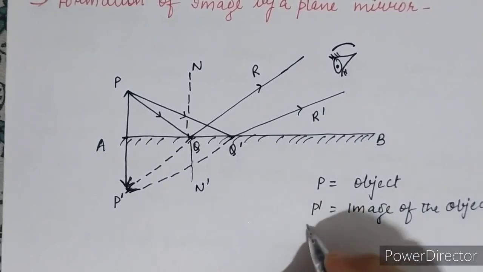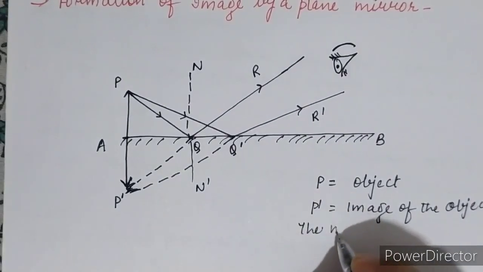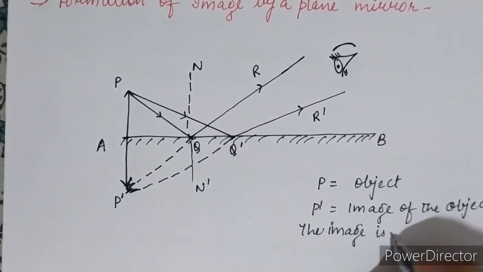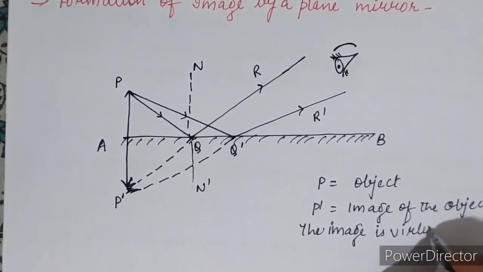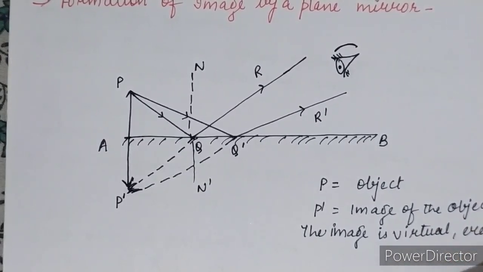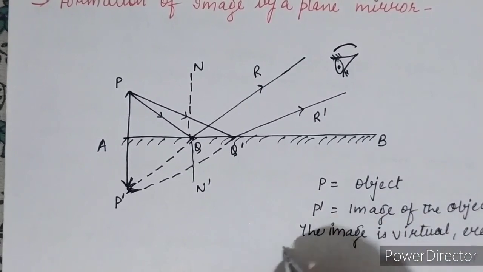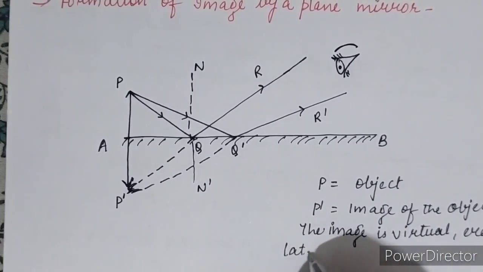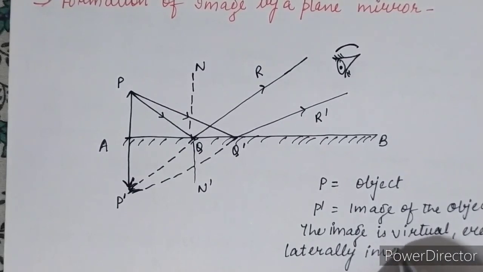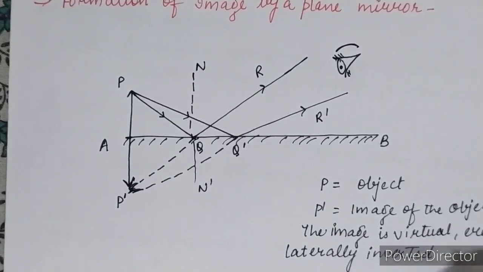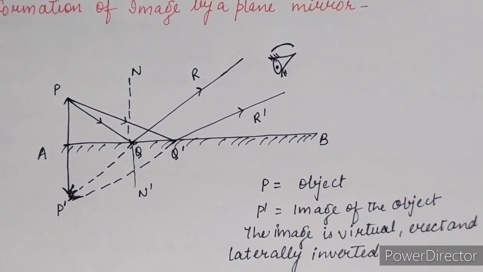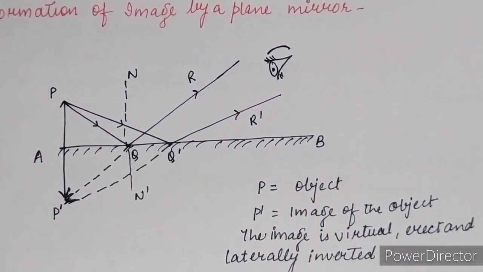and the image is virtual, erect and laterally inverted. Okay, clear? So what is this, beta?